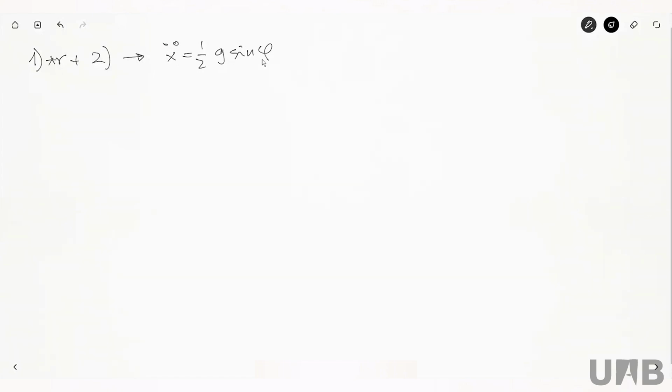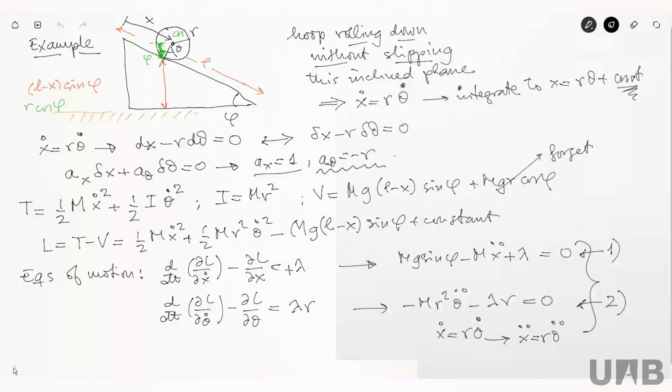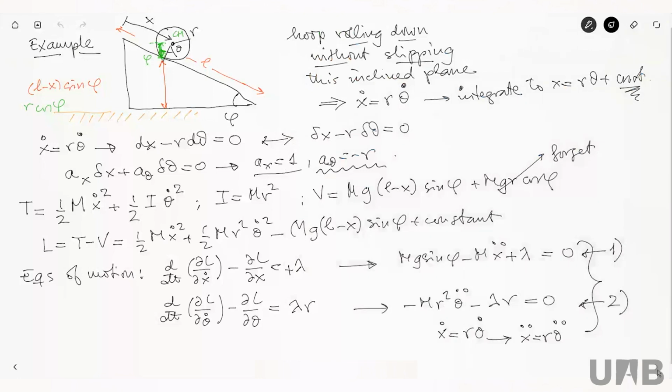The mass cancels out. Okay? So that's already the answer, for instance, that you would find if you would apply Newton's law for the acceleration. And once I have the solution for x double dot, of course I can come here to the first equation and find the solution for lambda.